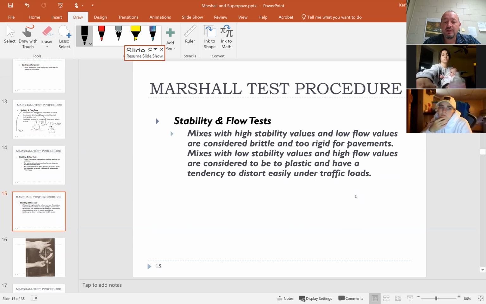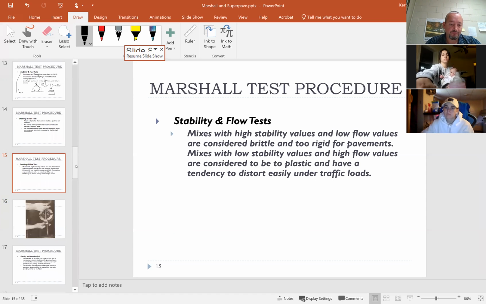On the other hand, if you have a mix that's very weak and just kind of smushes down easily, so it has a low stability value and a high flow value, then that's too soft and plastic and would distort too easily under traffic. So again, we're after a good combination of enough flexibility and yet enough strength to endure and last a while.